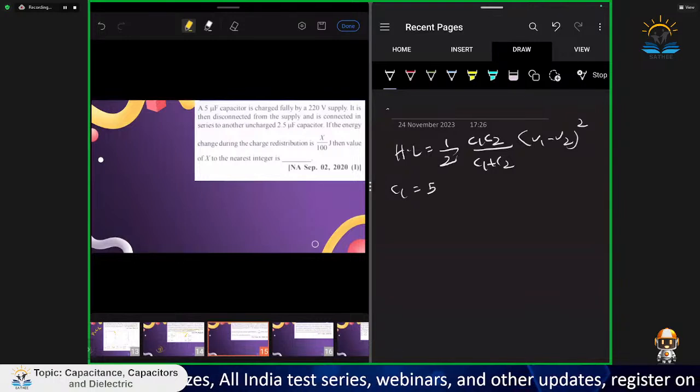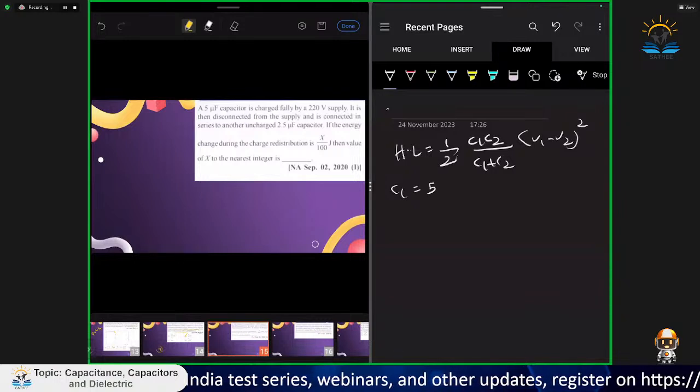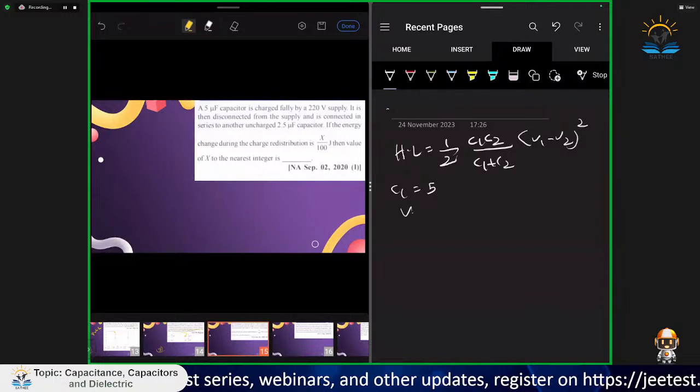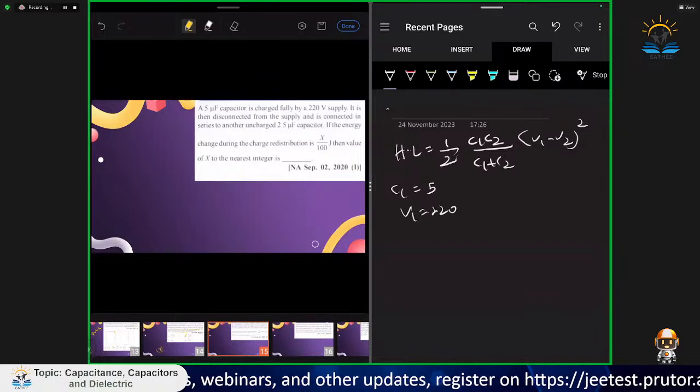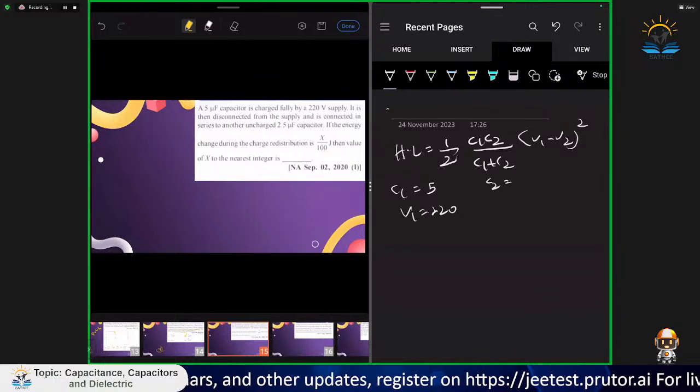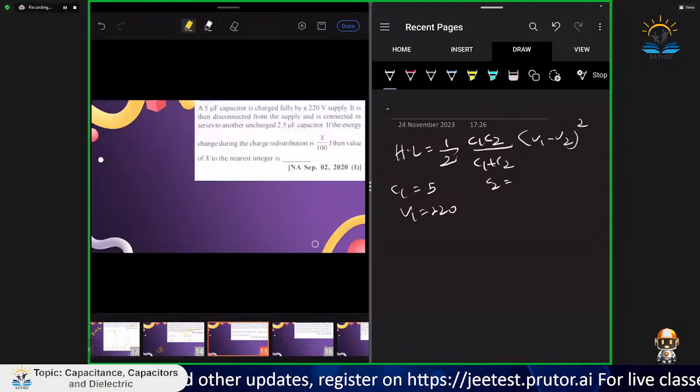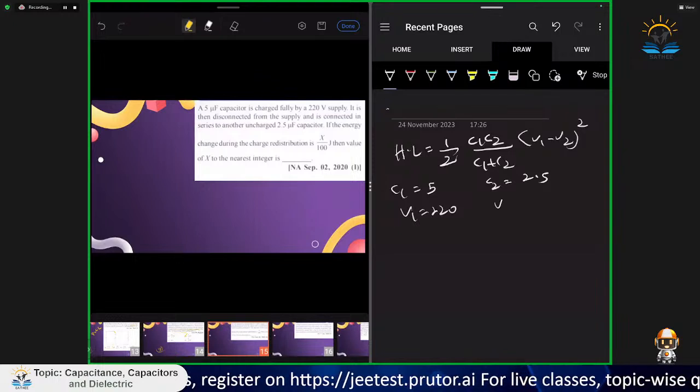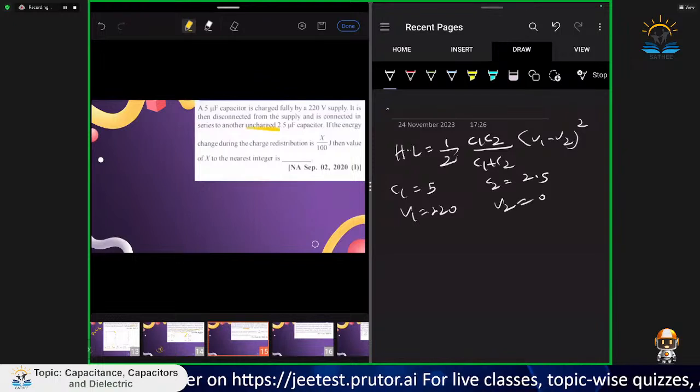Here C1 is 5 microfarad and V1 is 220. C2 is 2.5, and V2 is 0 because that is uncharged.